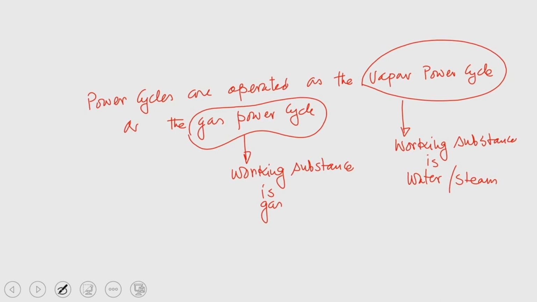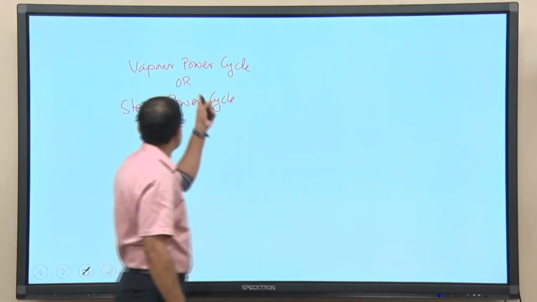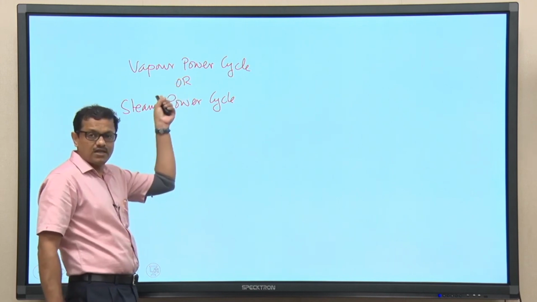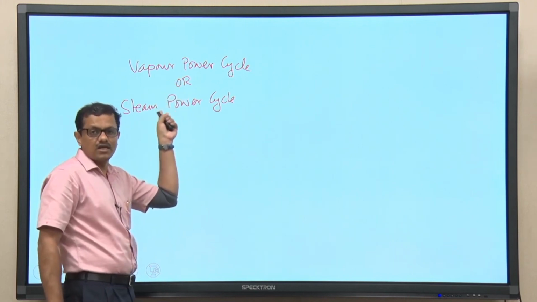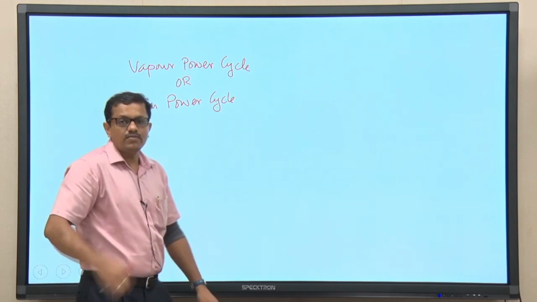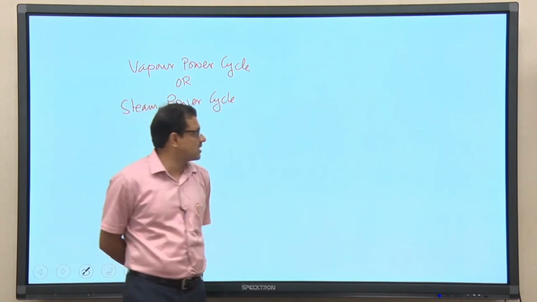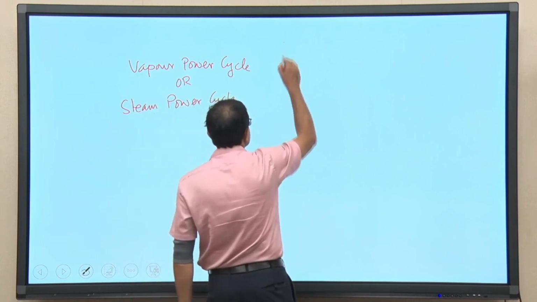You know that vapor power cycle is also a thermodynamic cycle. Since the working substance is steam, we are calling it steam power cycle, which operates on the vapor power cycle considering steam as the working substance. So, what do we mean by thermodynamic cycle? Thermodynamic cycles are basically closed cycles. So, let me write over here.